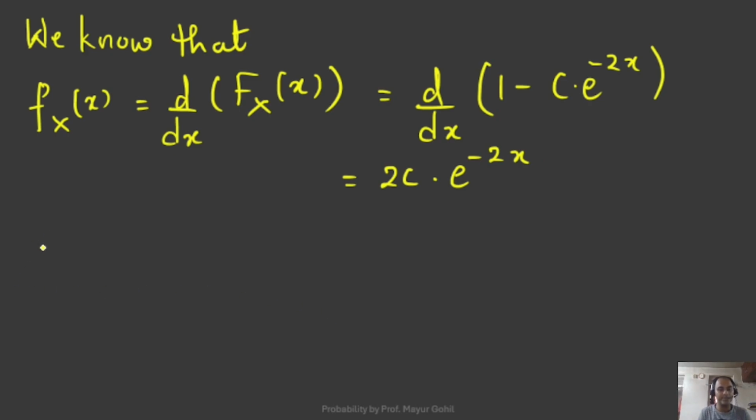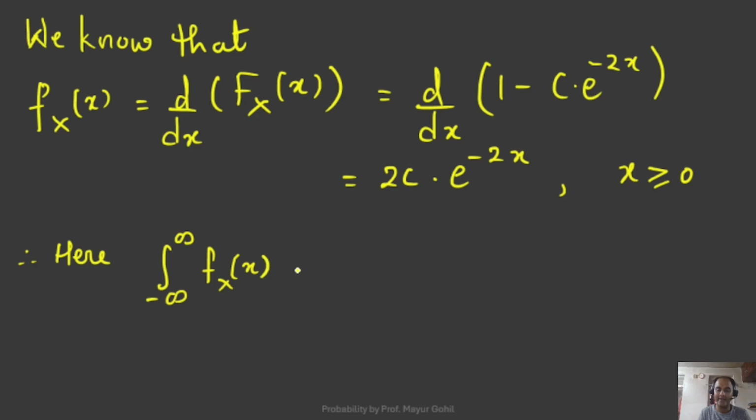Now again we use a property to find the value of c. Having said what the PDF is, the integration from minus infinity to infinity of small f of x is going to be equal to 1.